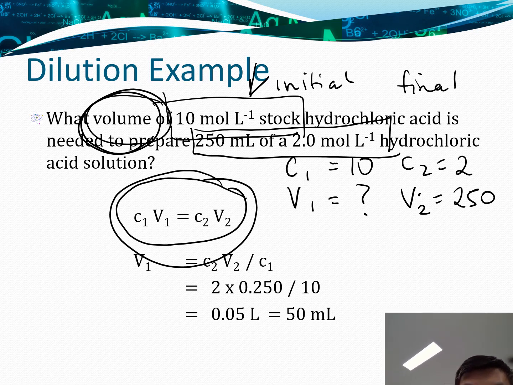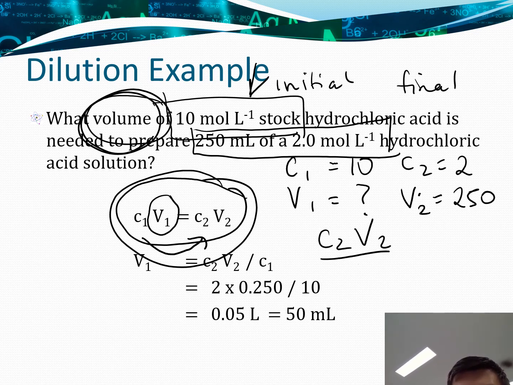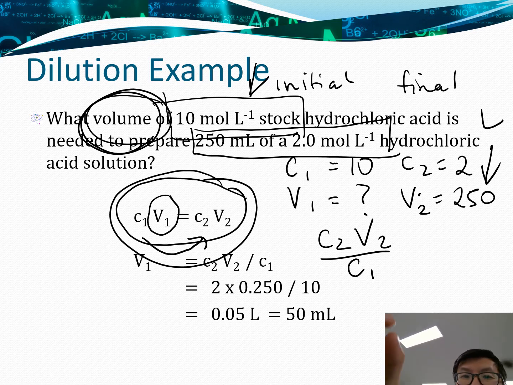So if you want V1 to be by itself, you need to divide both sides by C1 to get C2 times V2 divided by C1. And then you just put all the values in, remembering to change this into liters. And then you can figure out the volume that you need.